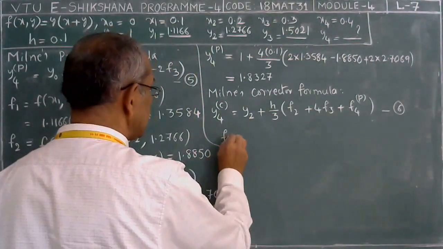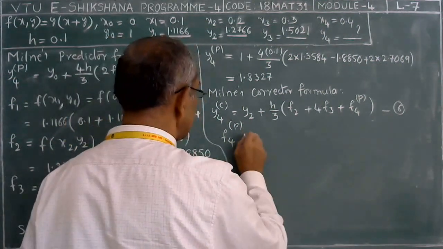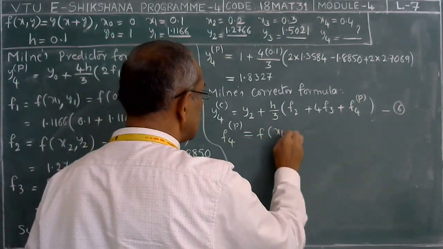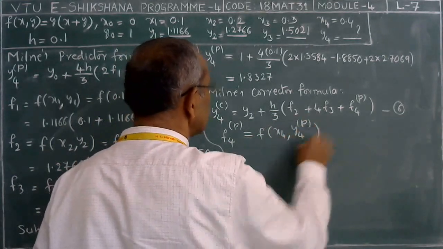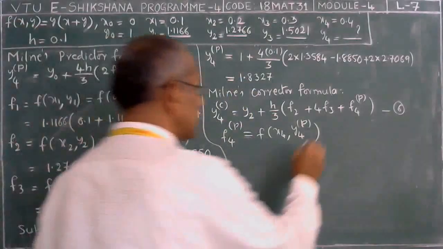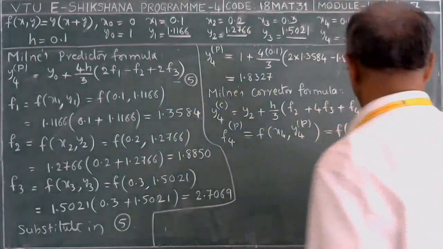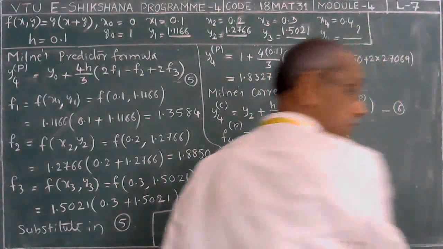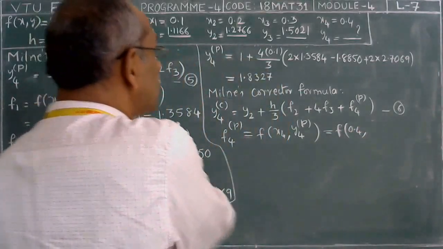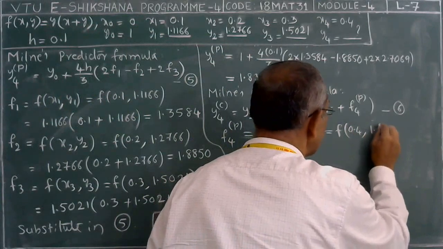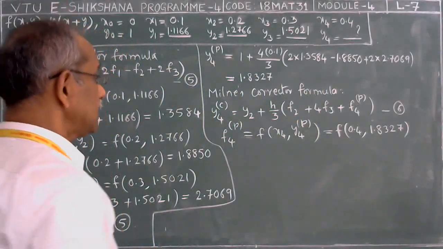Okay, what is f4p? f4p is f of x4 comma y4p. y4p is this, so f of x4, where x4 is 0.4, comma y4p, 1.8327.